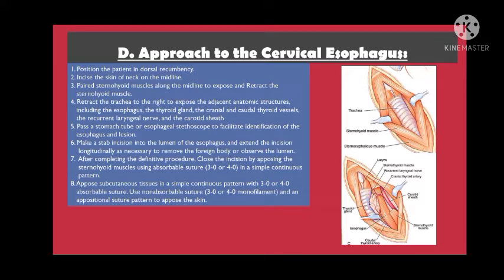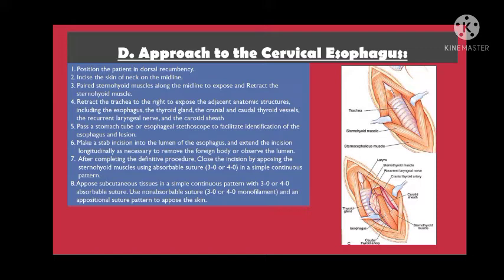Retract the trachea to the right to expose the adjacent anatomic structures including the esophagus, the thyroid gland, the cranial and caudal thyroid vessels, the recurrent laryngeal nerve, and the carotid sheath. Pass a stomach tube or esophageal stethoscope to facilitate identification of the esophagus and lesion.